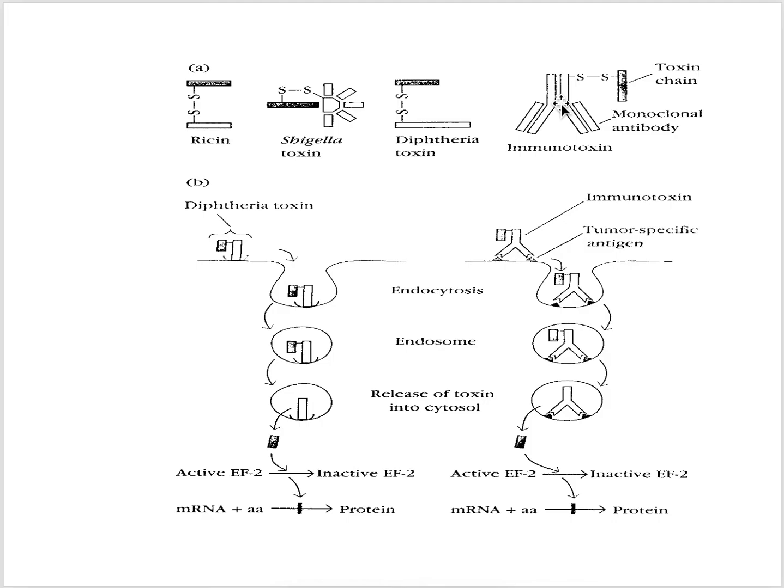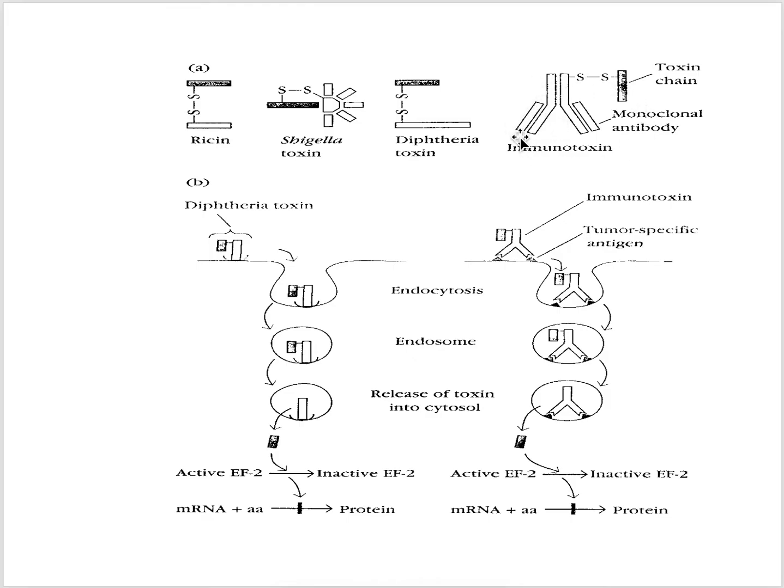This monoclonal antibody recognizes and binds with a particular antigen of certain tumor cells. Okay, so we will add this tumor specific monoclonal antibody to the toxin portion. Now if we use this as a therapeutic agent, what will happen?